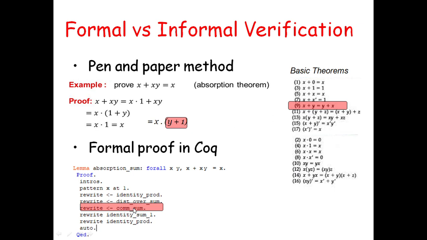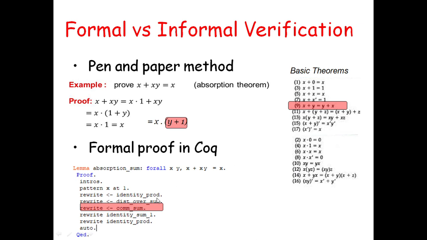We apply the commutative sum property. This is the commutative sum property, and we derive this term from this one by applying the commutative property. This is the missing step in the informal proof method.